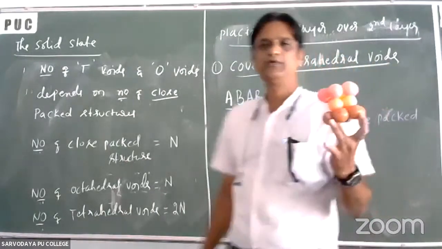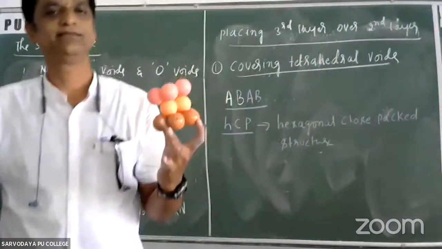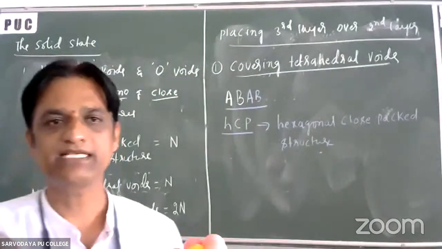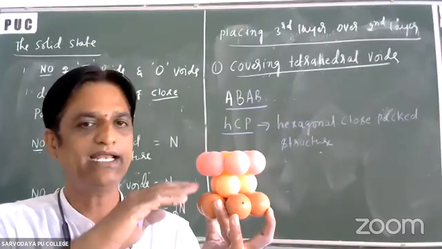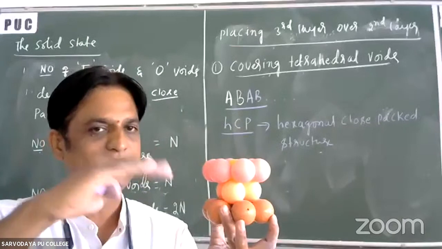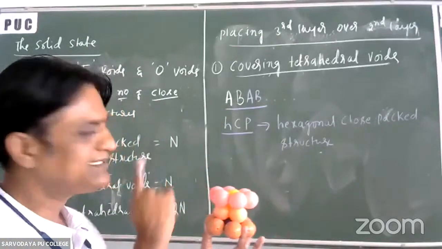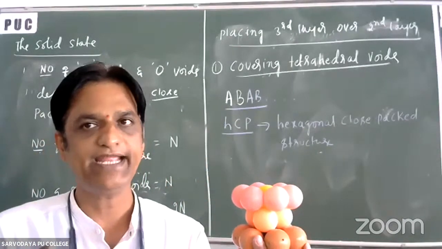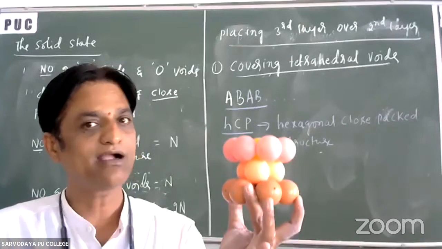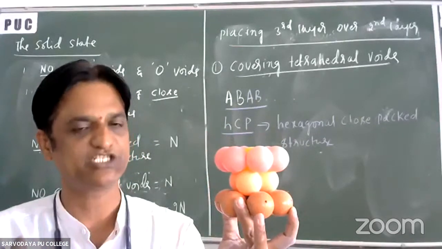So when we arrange hexagonal close packed layers in two dimensions, one above the other, by covering tetrahedral voids, what is the three-dimensional arrangement we get? It is the hexagonal close packed structure.